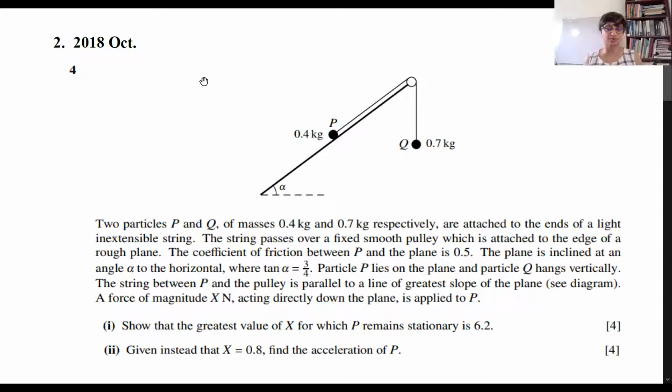Greatest X is 6.2. Given instead that X is 0.8, find the acceleration of P. Right? So let's tackle that part. I am going to redraw the free body force diagrams for P and Q. Let me draw it, and shall I show you?